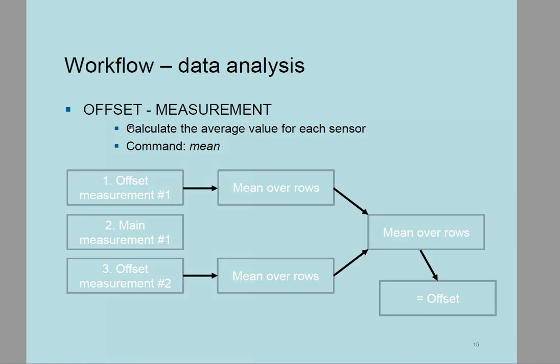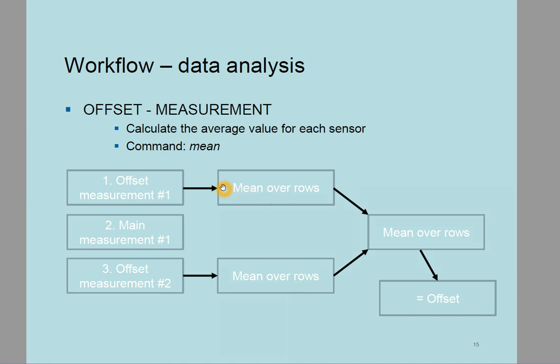Good. And for the offset measurement, this is the data analysis workflow. I've sketched it up, what we are doing in the next steps. So we have the offset measurement, the main measurement, and the second offset measurement, and we are building the mean over the rows for this particular measurement and for this particular measurement.